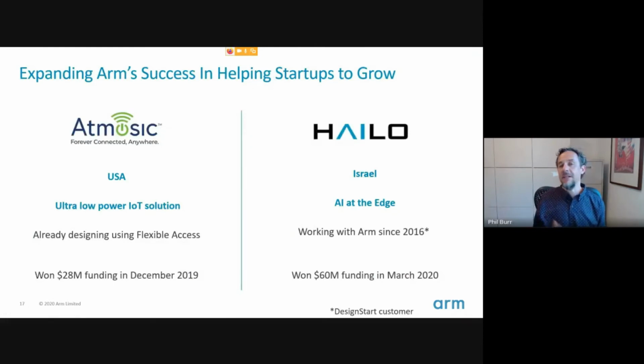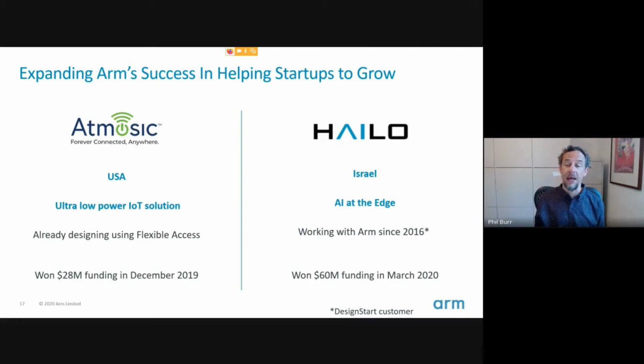And I just wanted to highlight on this slide a couple of companies that were startups that we have already helped get started. One company is Atmosic, based in the US. They are already using flexible access, and they managed to get 28 million of funding just in December 2019. And they're designing, experimenting with flexible access. Another company is Halo, based in Israel.